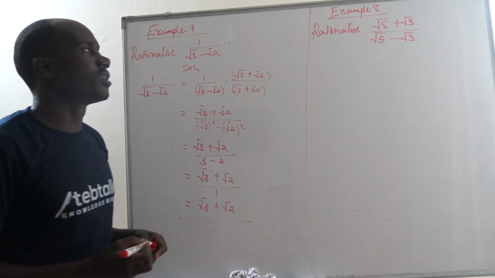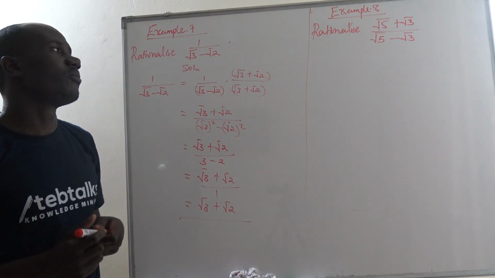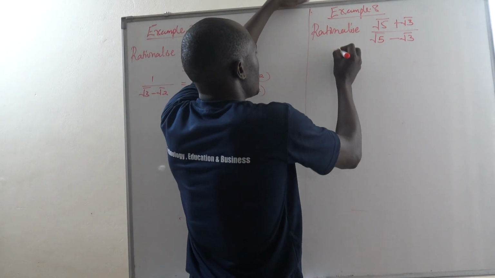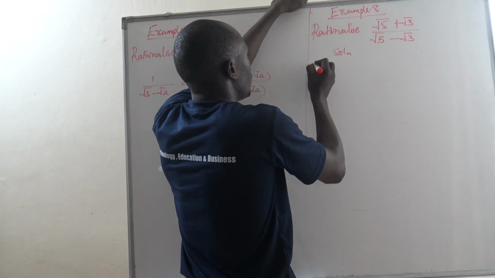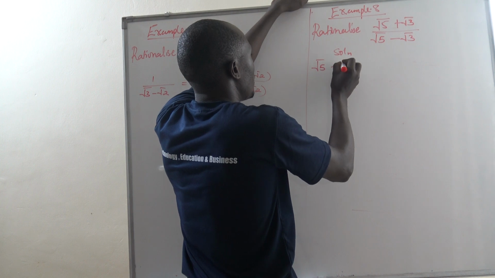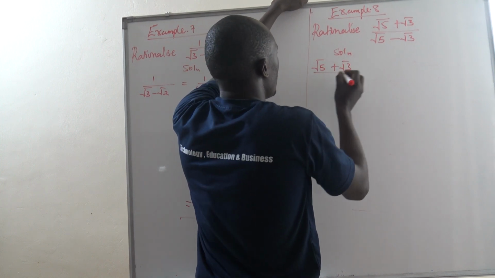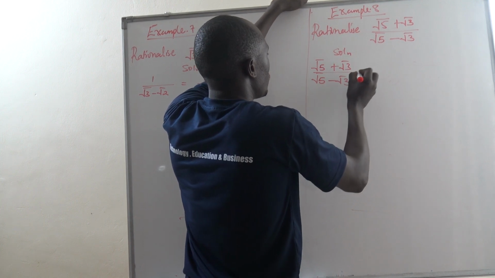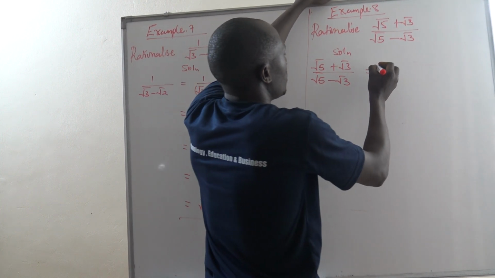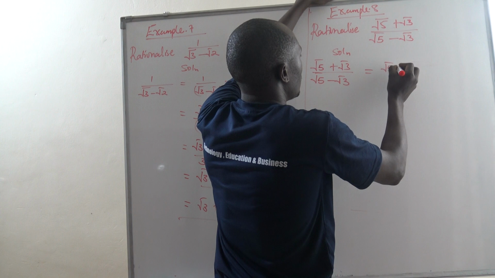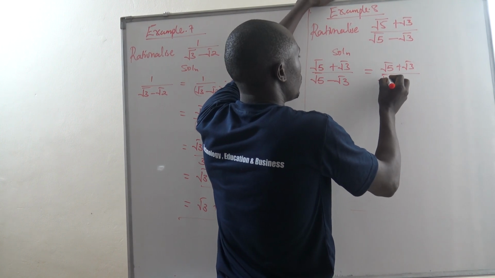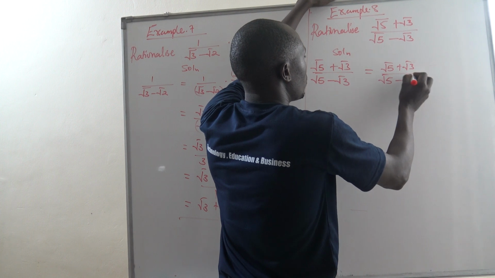So what we're going to do, it is the same story, the same format how we've been doing it. So we're going to say, root 5 plus root 3 all over root 5 minus root 3 equals root 5 plus root 3 all over root 5 minus root 3.